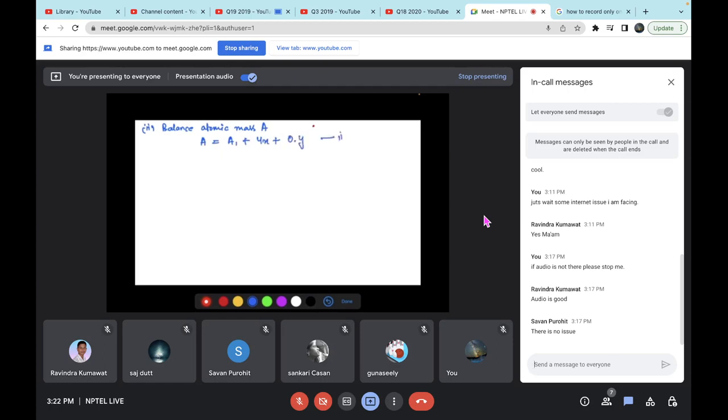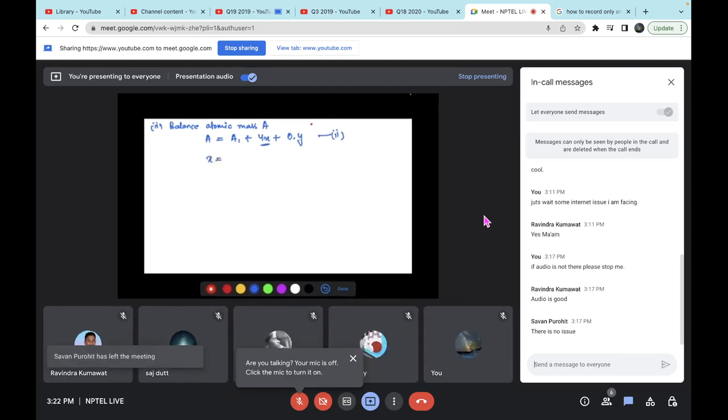So this will be equation number 2, and therefore from here directly we can get the x value. So x is equal to (A minus A1) by 4, and this is nothing but the number of what? Alpha particles. Correct?